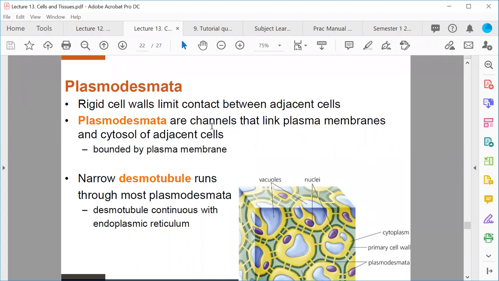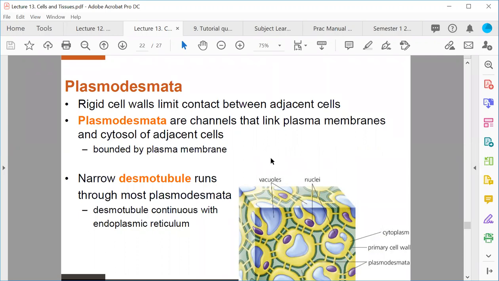Plasmodesmata are channels that link plasma membranes and the cytosol of adjacent cells. So the plasmodesmata are actually continuous with the plasma membrane of this cell and with the plasma membrane of the adjacent cell. Okay, so the plasmodesmata itself is surrounded by plasma membrane.